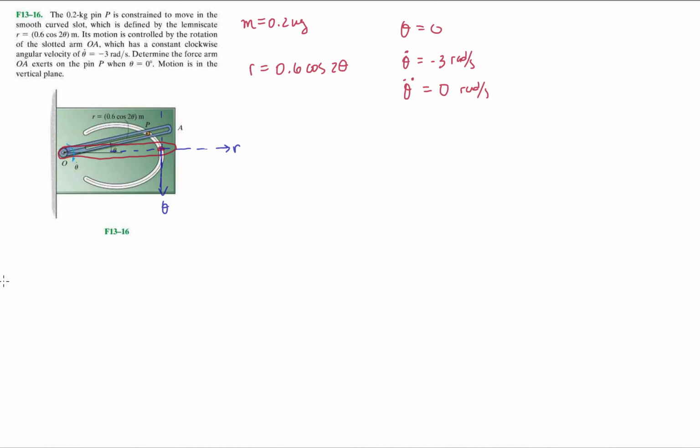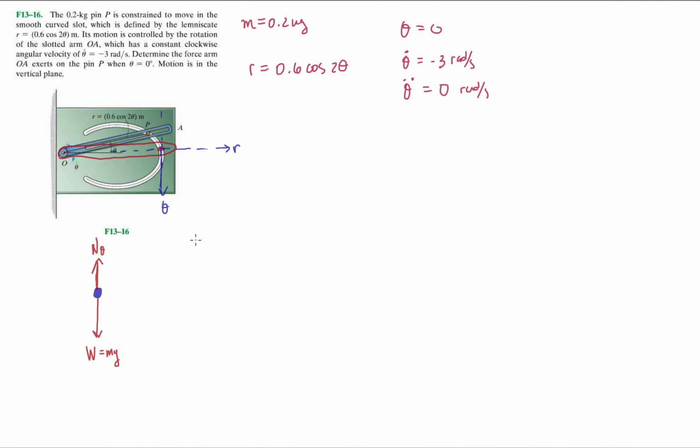So at that point we want to say, what are the forces that are acting on that little ball? This is pin P over here. Well, we know there are a couple forces acting on it. The pin has a weight, and because it's sitting on the lemniscate, on the bar, there's going to be a force in the theta direction on it.